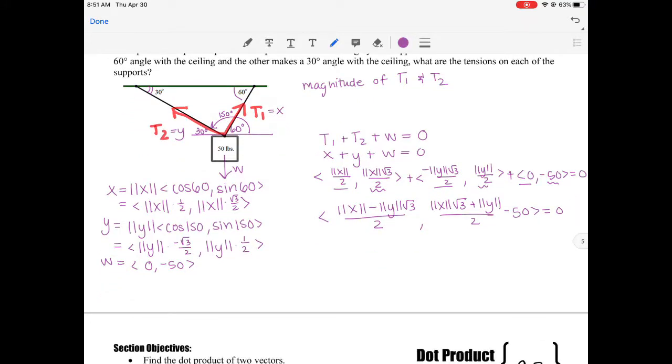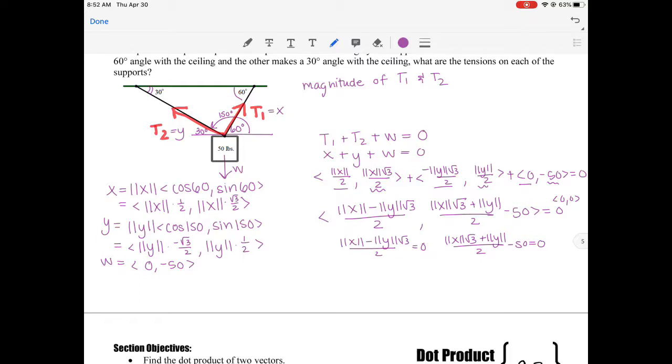So what we get here is that this first component, right, magnitude of x minus magnitude of y square root of 3 over 2 equals 0. And we get this second component, right? Because if it equals 0, that's really 0, 0. Equals magnitude of x square root of 3 plus magnitude of y all over 2 minus 50 equals 0 as well. So we basically have a system.